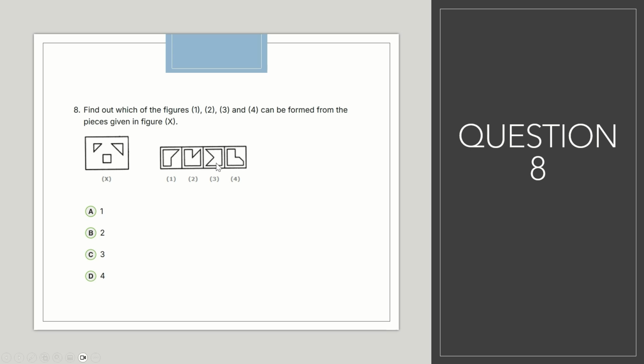Going back to the other triangle, we can see with this particular triangle, for option 3, we can have it here, but then it will overlap with this triangle, because this triangle here will fit here.